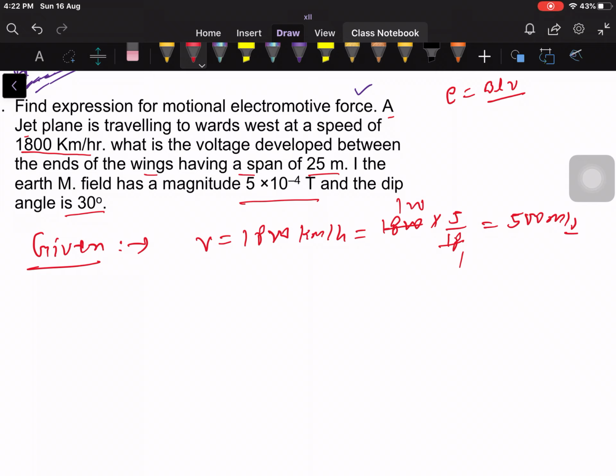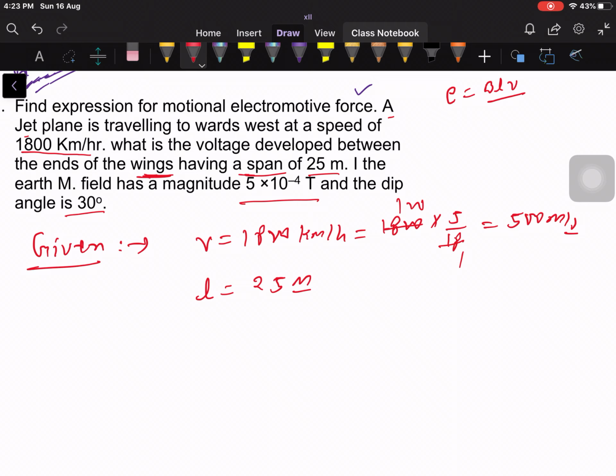Now the next one: the voltage developed is to be found out. Span, means L, is given to us, that is 25 meter. Some students used to have confusion whether we are to take 25 or 50. If wings span is given, wings, not wing, means both the wings are included.